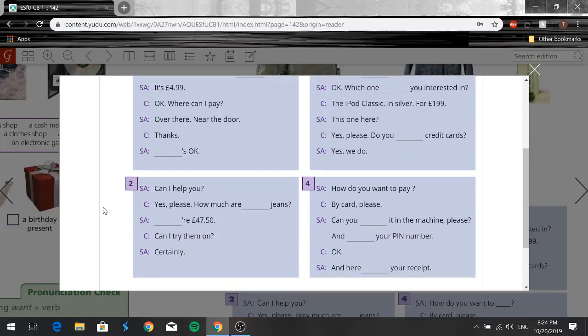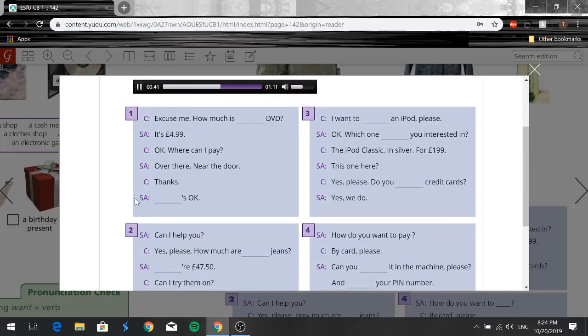Can I help you? Yes, please. How much are these jeans? They're £47.50. Can I try them on? Certainly. Conversation 3. I want to buy an iPod, please. OK. Which one are you interested in? The iPod Classic, in silver, for $199. This one here? Yes, please. Do you take credit cards? Yes, we do.